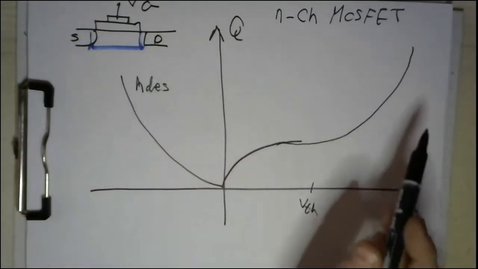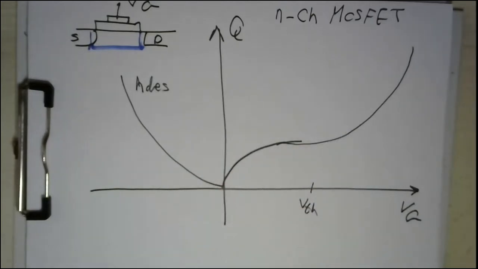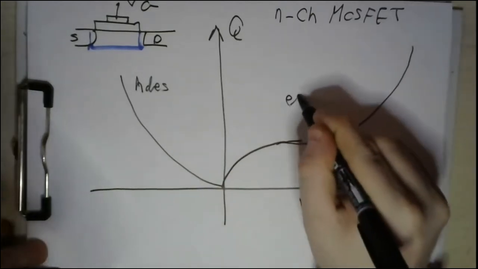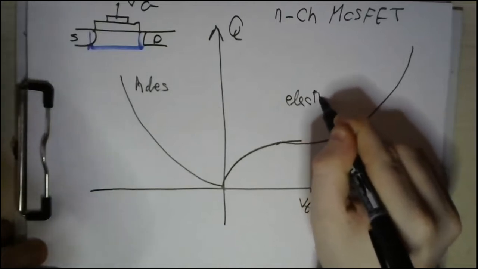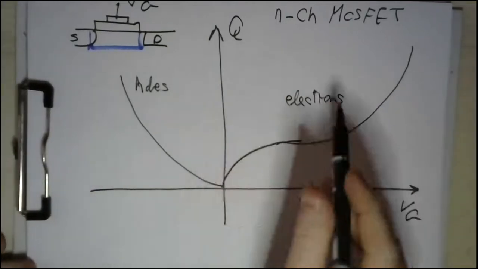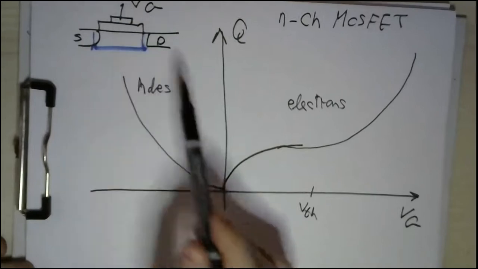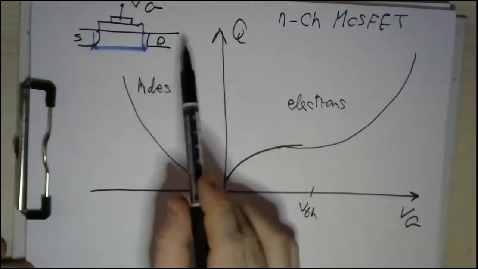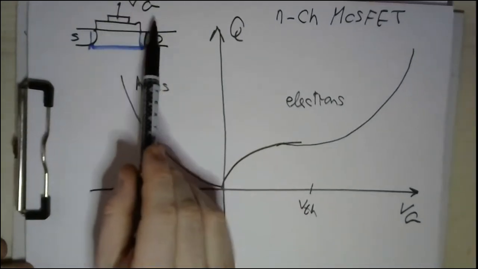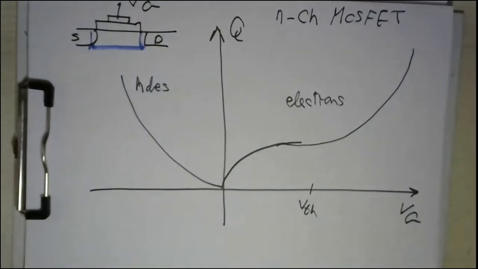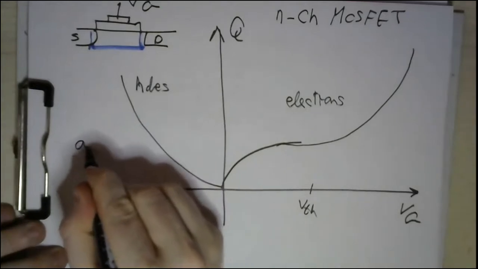Of course, what you see on the right-hand side of this graph is electrons, because whenever you have a positive charge on the gate, what will be attracted is electrons. However, when the voltage is negative on the gate, what will be attracted is holes. So this is the accumulation.